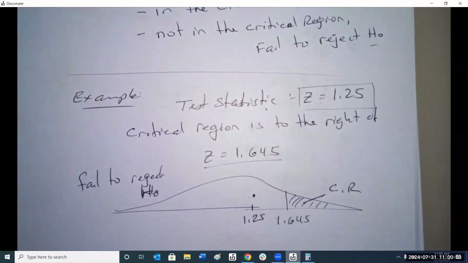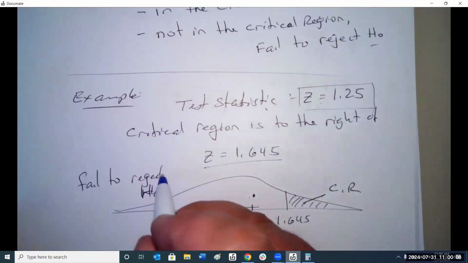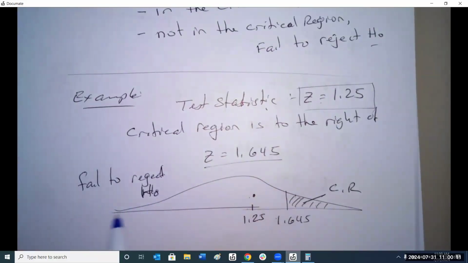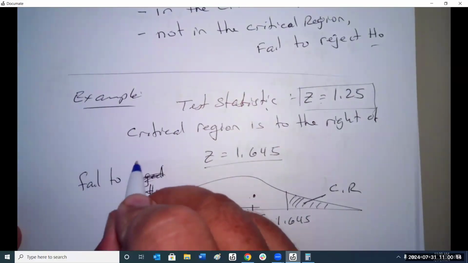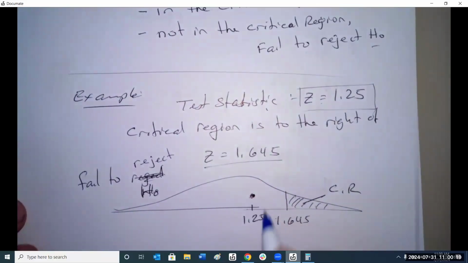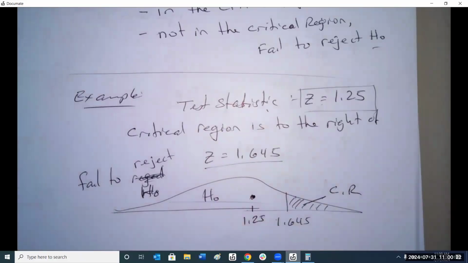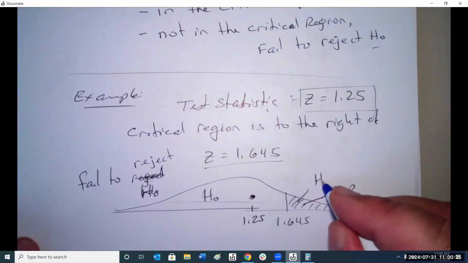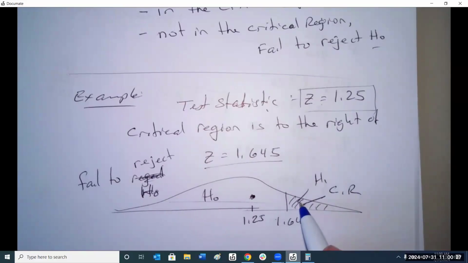So instead of saying accept this hypothesis, we say, well, all we know so far is we failed to reject the null hypothesis because it falls in the H0 region. If it falls in the H1 region, then we can reject H0. Make more sense now? Yes, sir.